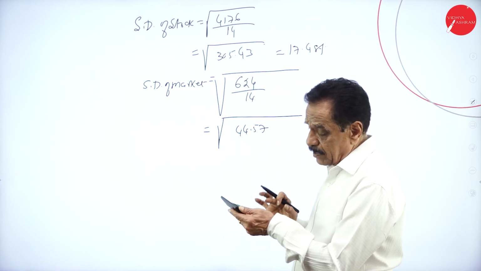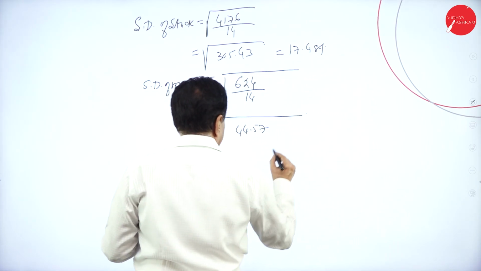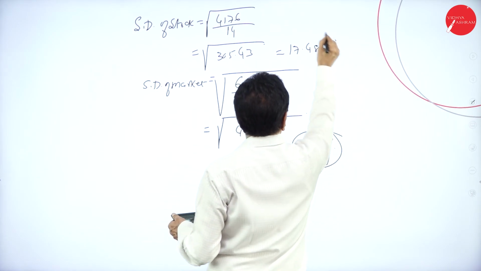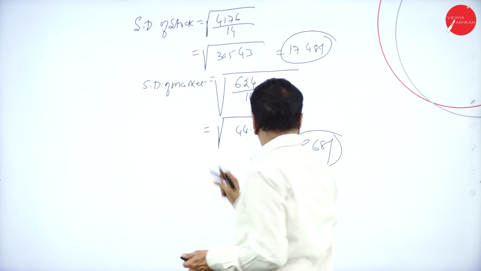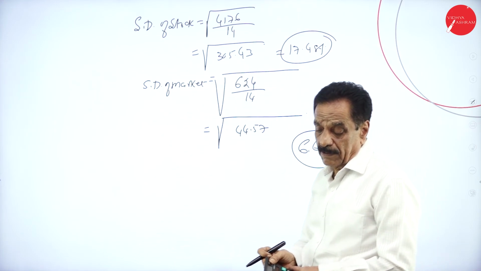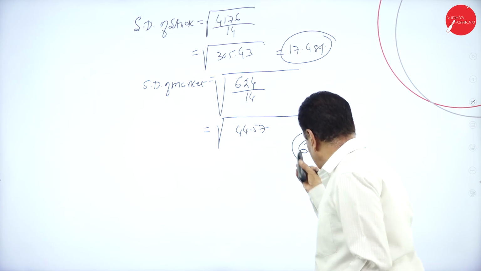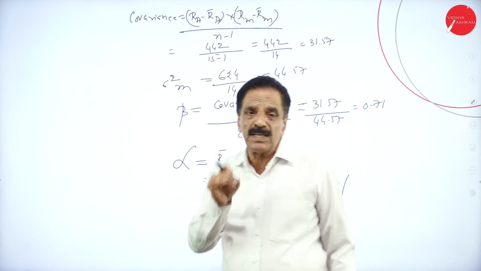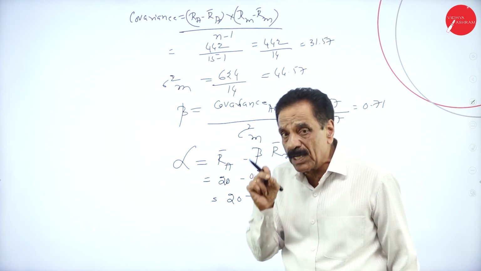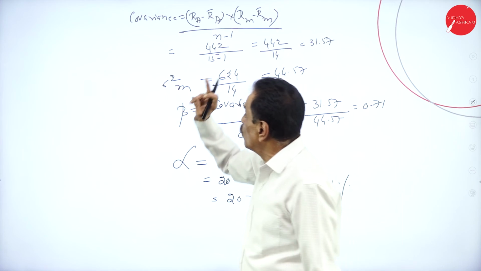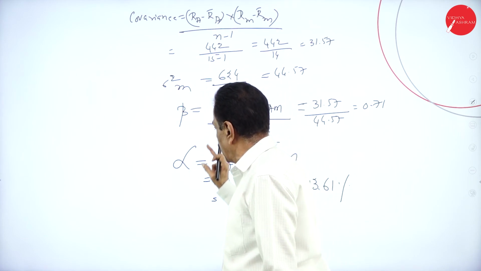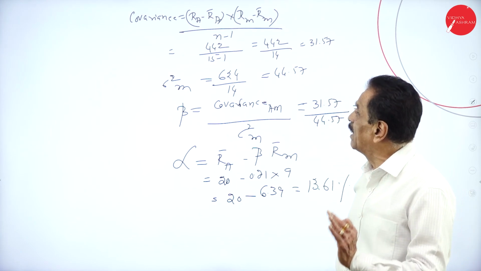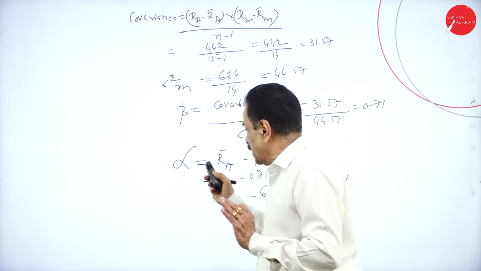Root of this is 6.68%. This is the risk of stock A and the risk of the market. If they ask for the standard deviation also, you have to do it like this. In the previous problems we did only standard deviation. Today we concentrated on covariance, beta and alpha. You must be careful here.